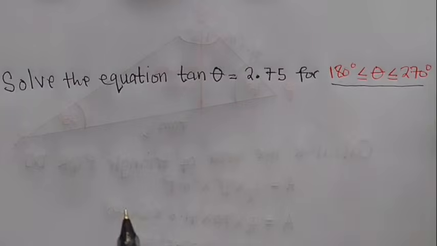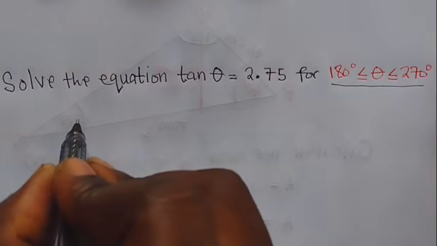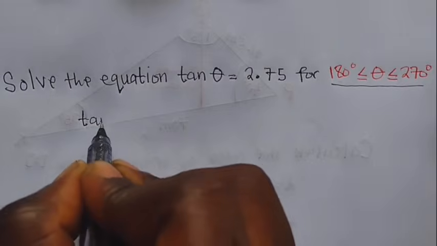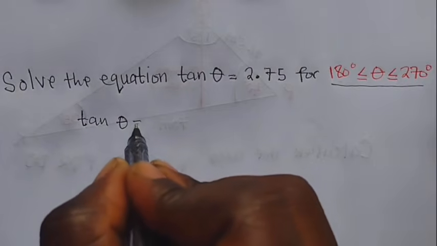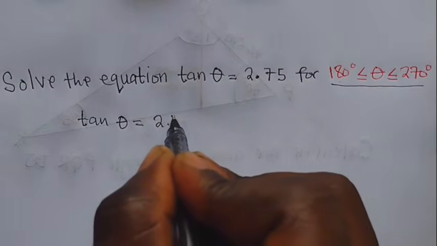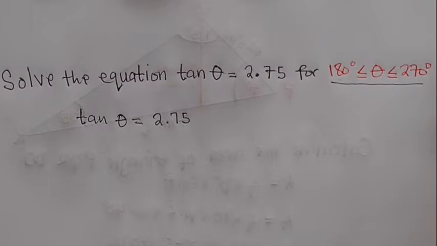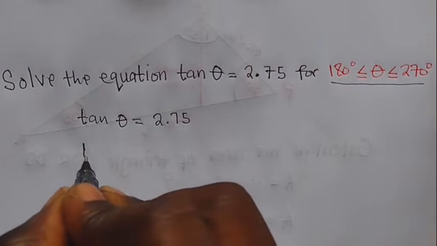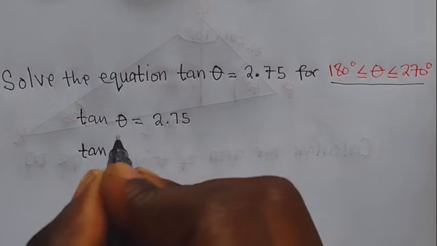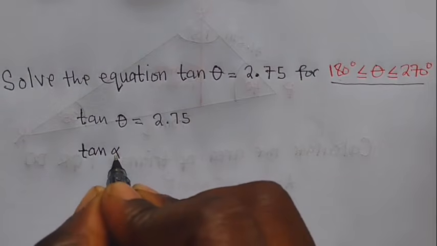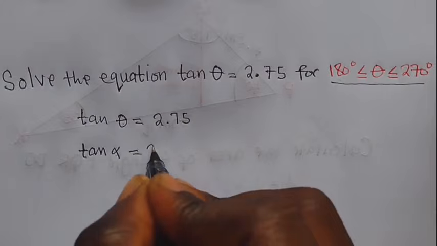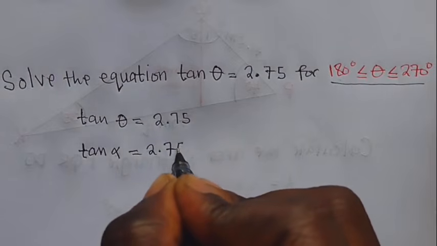First thing, we are going to write tan theta is equal to 2.75. This is what we have been given. From this stage, we are going to say tan of the basic angle alpha is equal to 2.75.